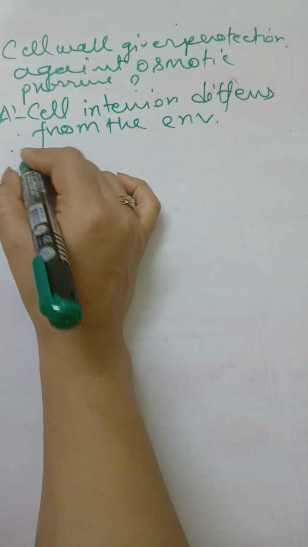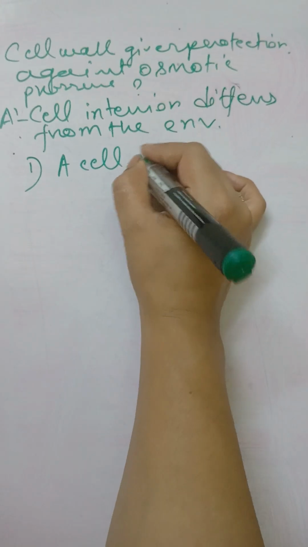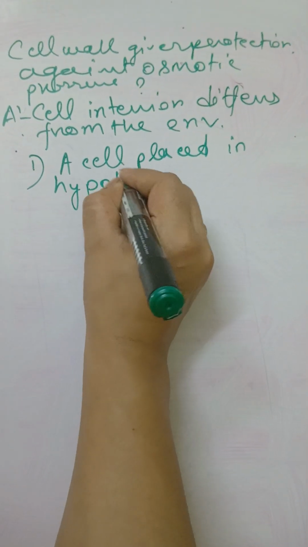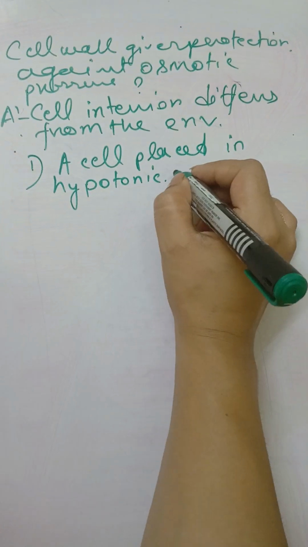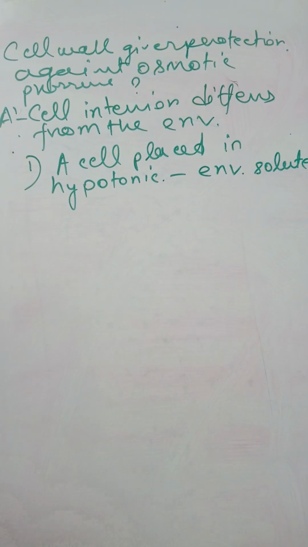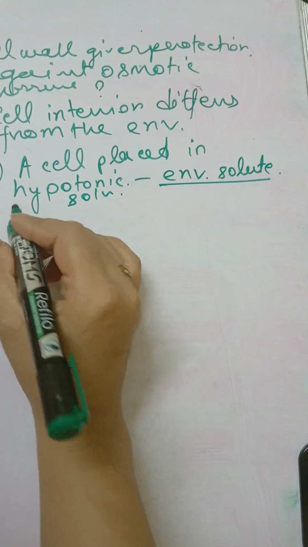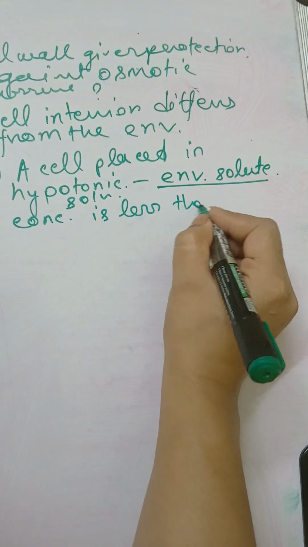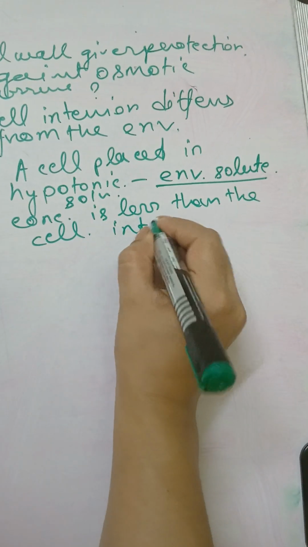One, that is when a bacterial cell is placed in hypotonic solution. Hypotonic solution means environmental solute concentration is less than the cell interior.